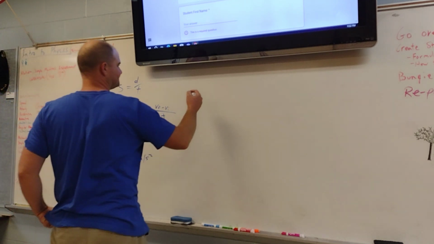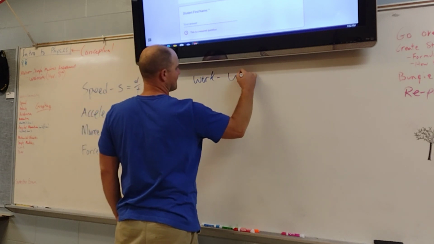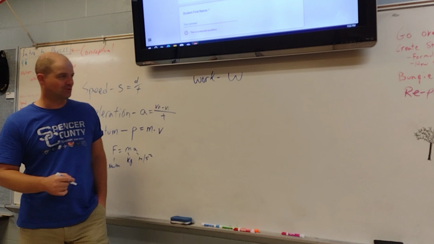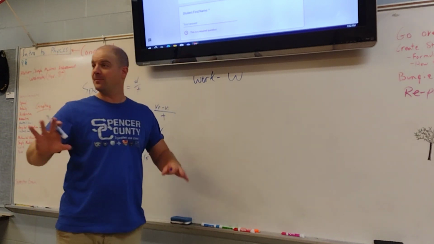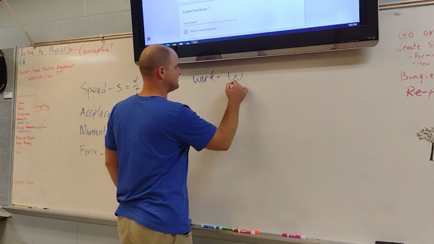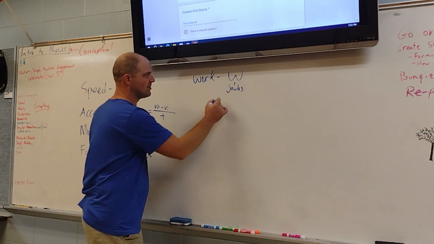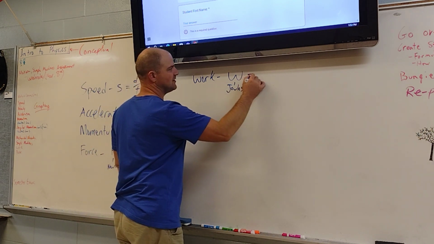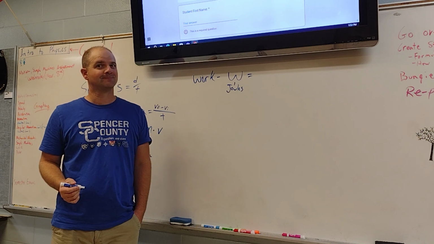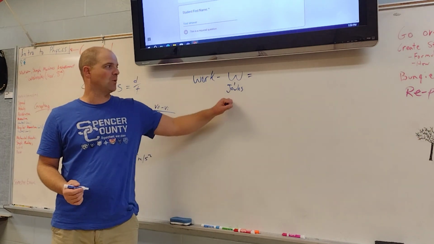Work. Work in what units? Joules. You guys are, I'm not blowing smoke, you guys are remembering these better than the other classes. That's good. So work in joules, capital J if you want to abbreviate, is equal to, does anybody remember? The input. So what goes into work?